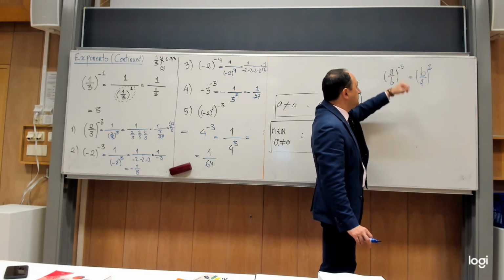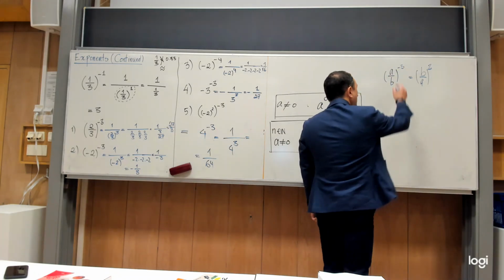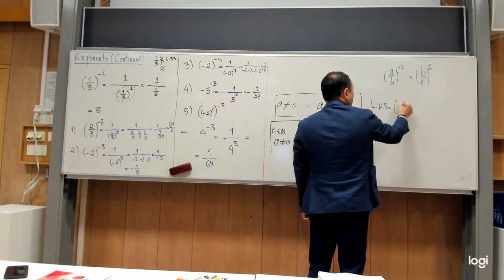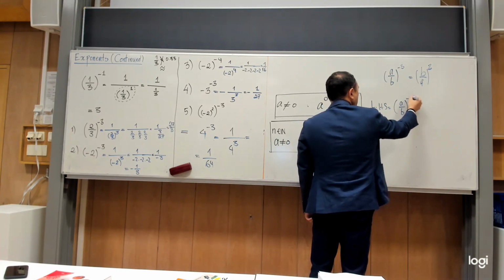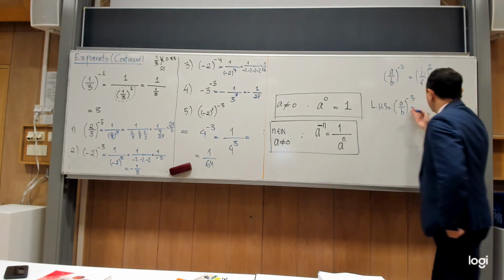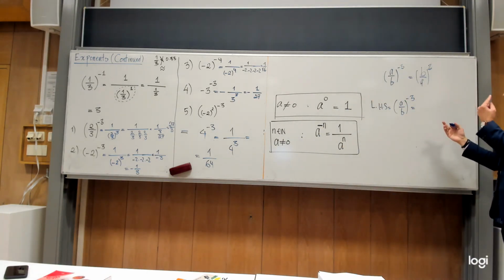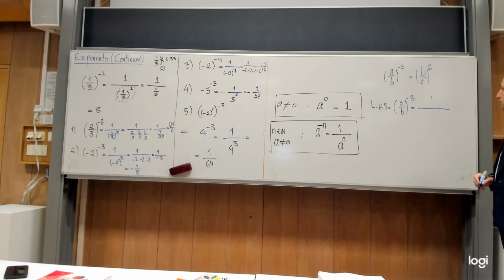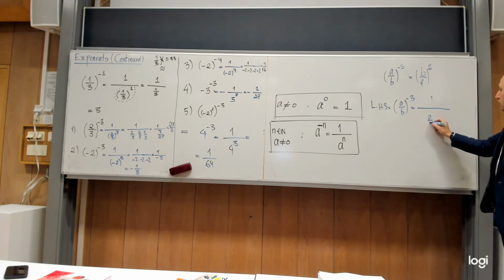Let me just do it for minus 3 here. So I will start from the left hand side, and I have a over b to the power of minus 3. So what can I do for negative power? I have only one thing that I can do. I can use the definition. I would write 1 on top, I will write a over b, and then I will write it to the power of 3.